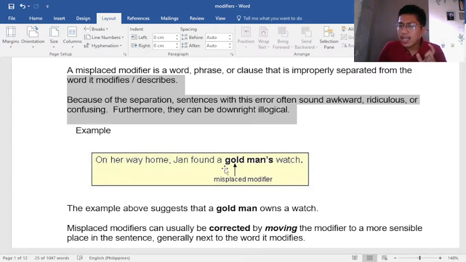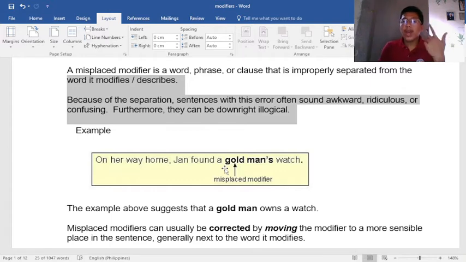By simply listening to that statement, gold man's watch, do we mean to say that the man is gold? Okay, so you are trying to say it is considered as misplaced modifier because in this statement, gold man owns a watch, meaning the man is gold who owns the watch.